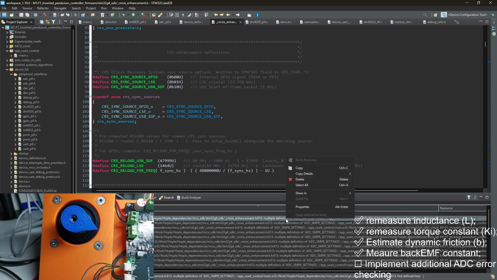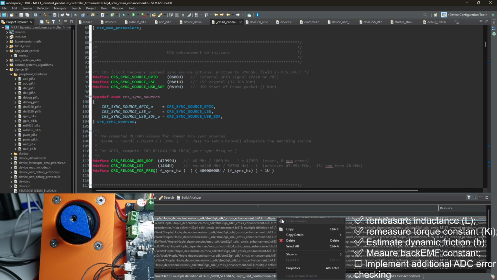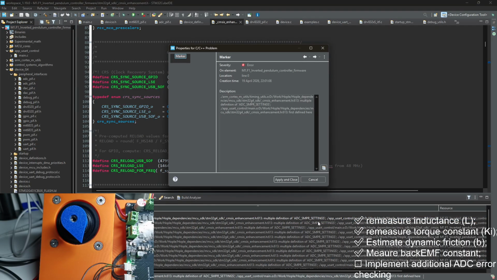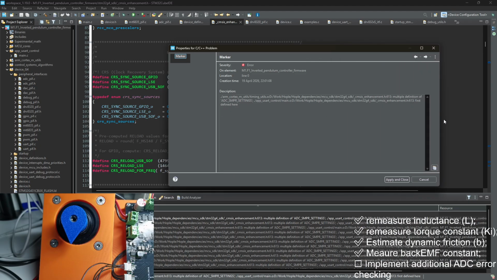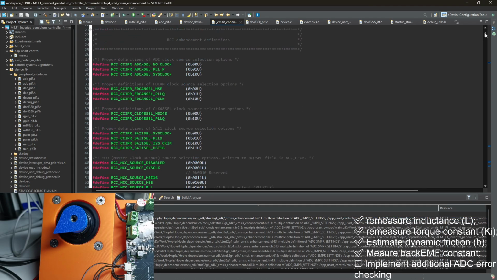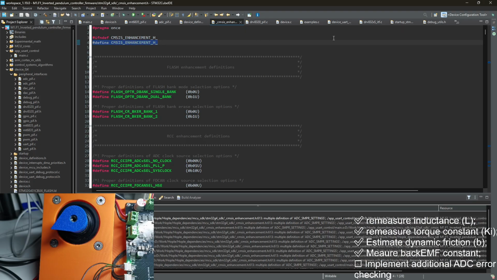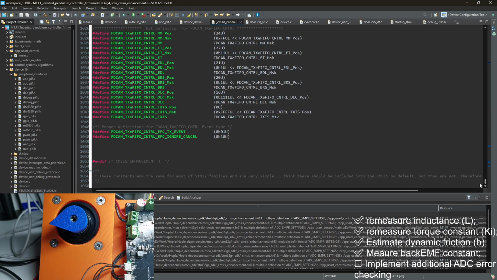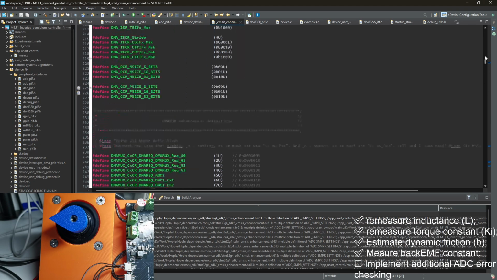Can you show me it? Okay. Control main IO and timing utils IO. But that should be under the guard, no? What the hell?